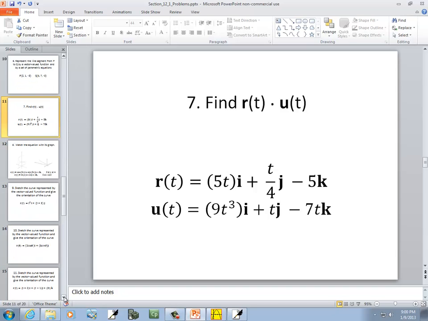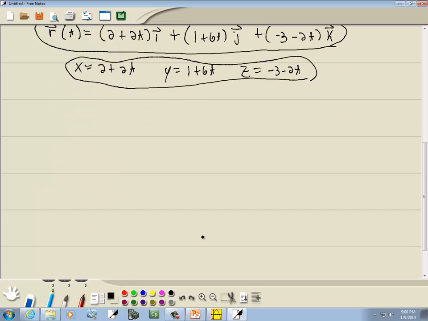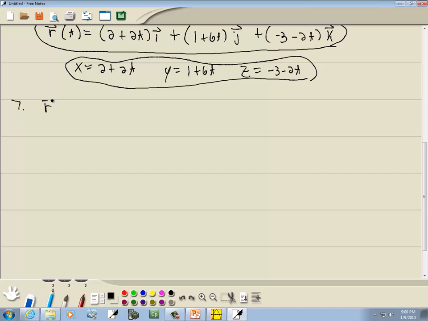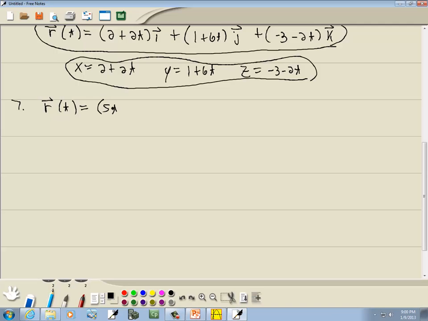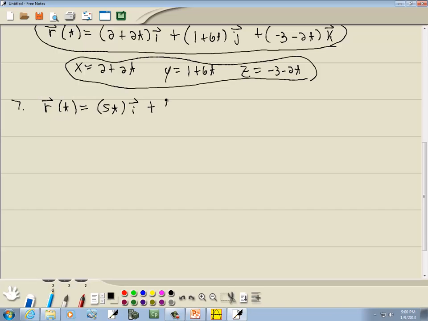Well, let's take a look at this. This is just a little bit of review again. So we got this vector valued function, r of t, 5t i plus t over 4 j minus 5k.